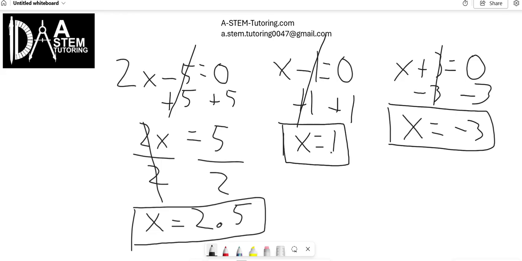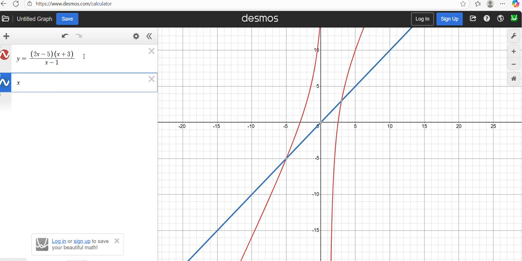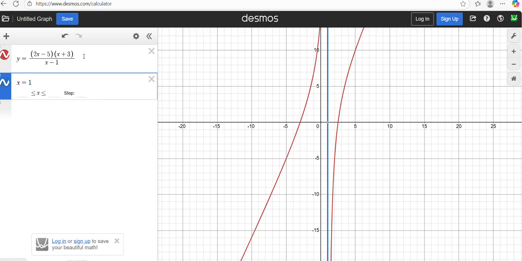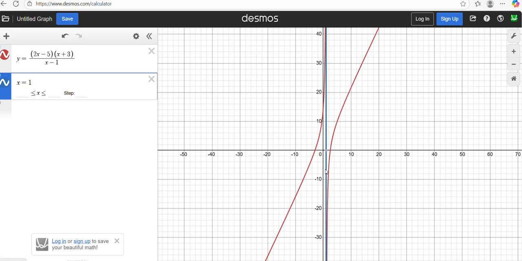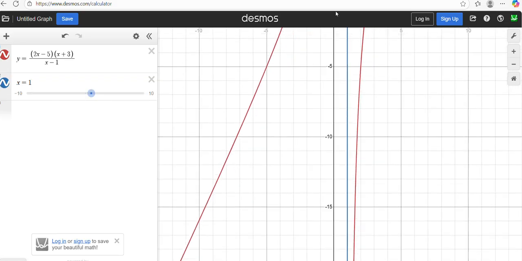So let's graph that line in Desmos and see if that does in fact line up with being a vertical asymptote. So look at the blue line, the vertical asymptote. These red curves approach the blue line, but do not touch or cross the blue line. If I zoom in, we can scroll down a little bit.